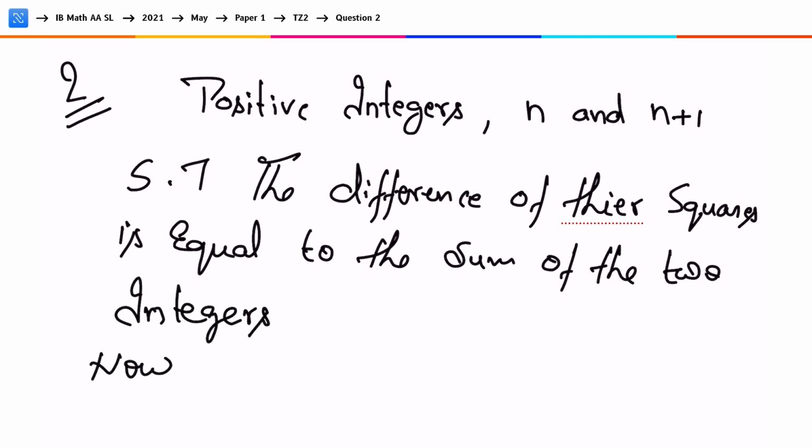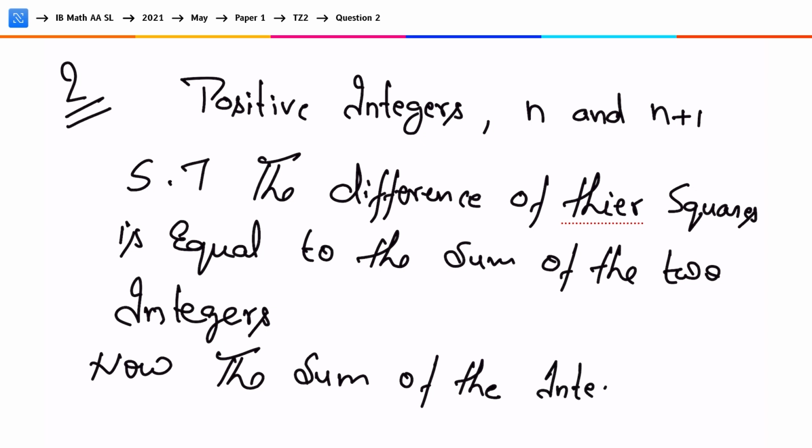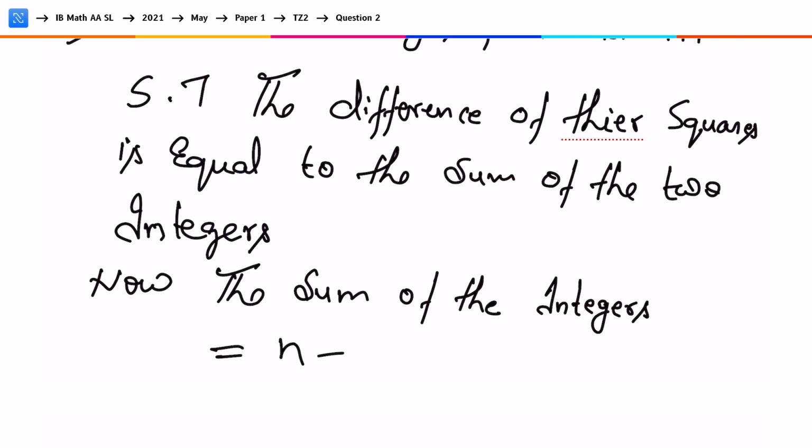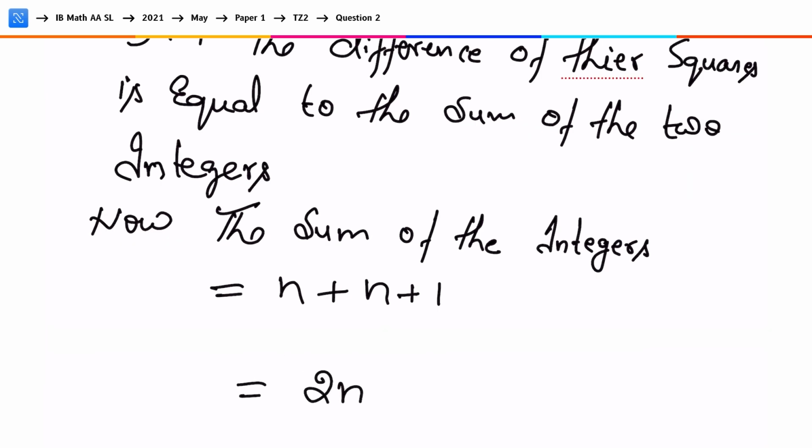Now, the sum of the integers is equal to n plus n plus 1, which equals 2n plus 1.